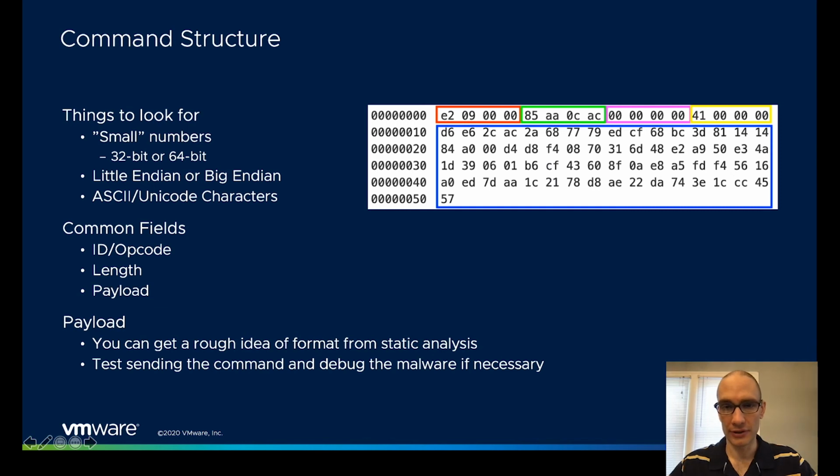So in this example in yellow, we have hex 41. And if we look at the data that comes after it, we have exactly 41 bytes of data. So we can assume that the field in yellow is a length, and then the blue is the actual payload. You can get a pretty good rough idea of the format of these payloads from the static analysis.